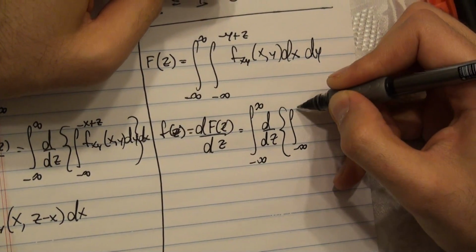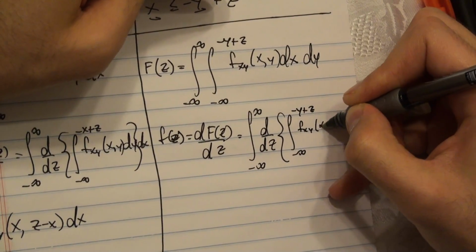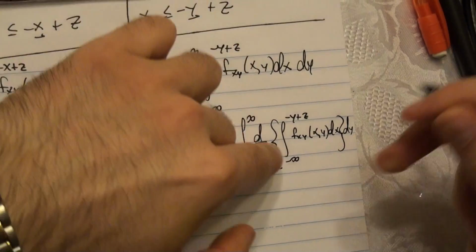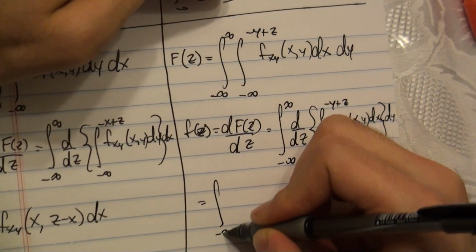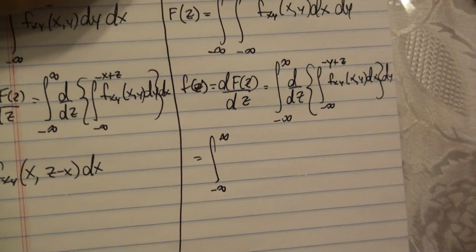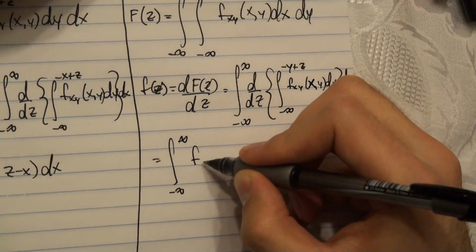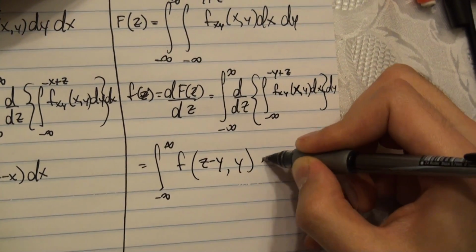And again, we use the fundamental theorem of calculus to evaluate this. So here we get this, at x equals z minus y, comma y, dy.